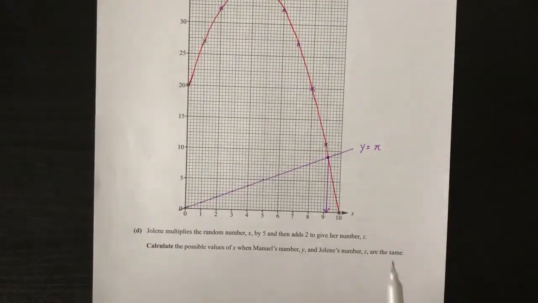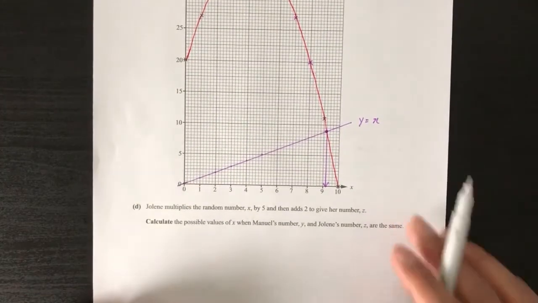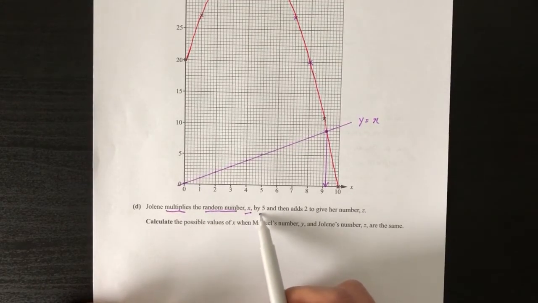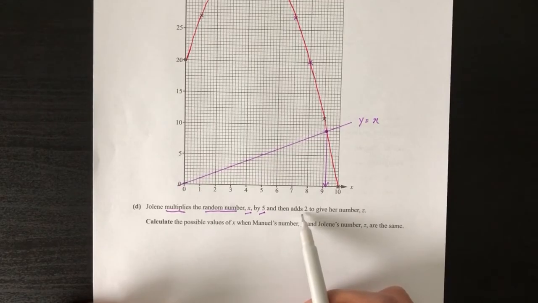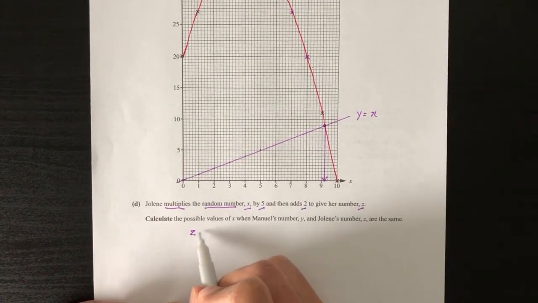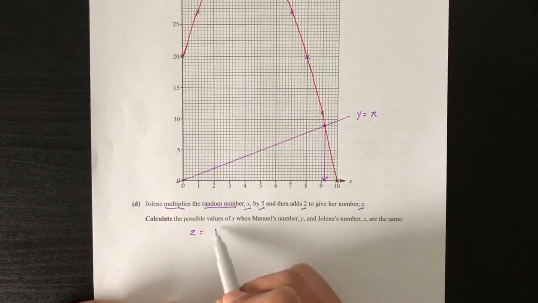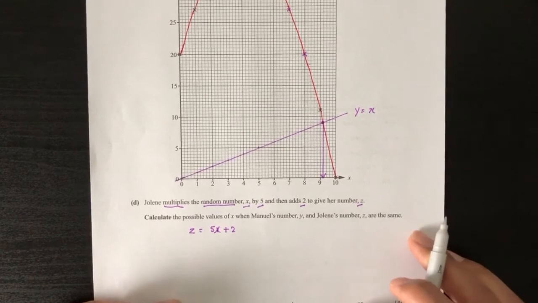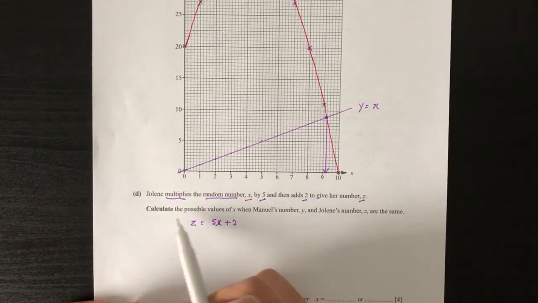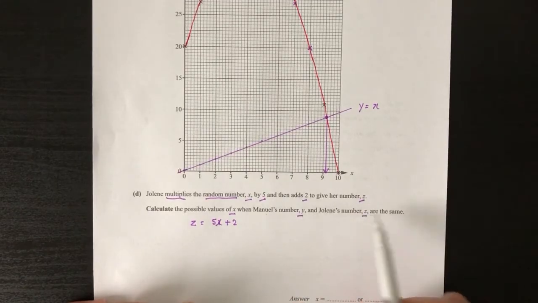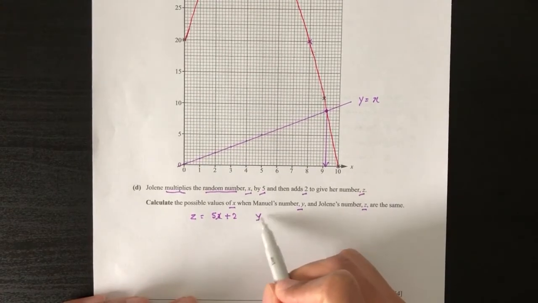So now moving on to part D, it says Jolene multiplies the random number x by 5 and then adds 2 to give a number z. So z is what? It is x multiplied by 5 then adds 2, right? That is z. Calculate the possible values of x when Manuel's number y and this z are the same. So y is what?